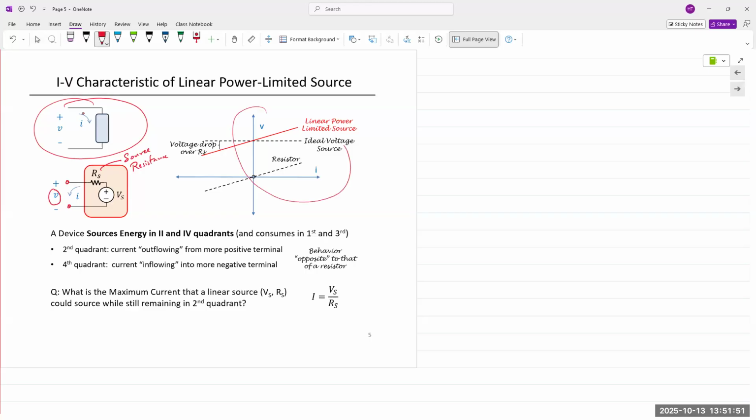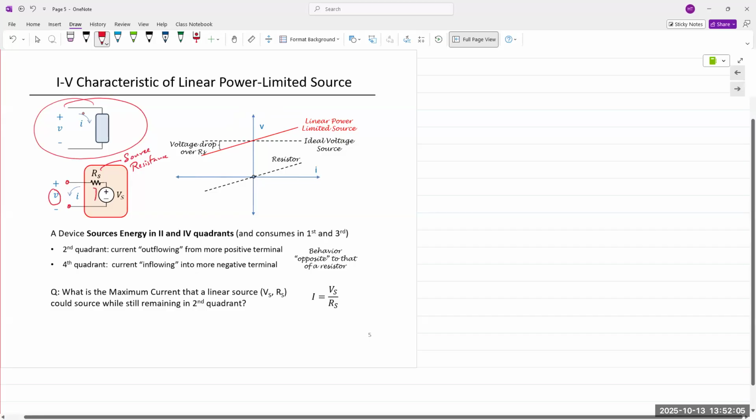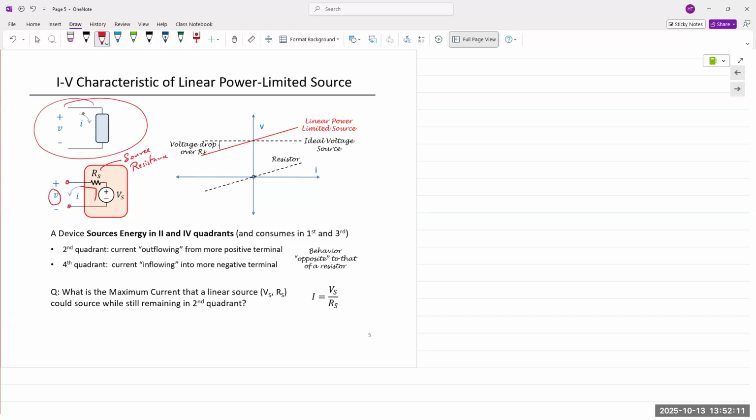So if you look at this graph here, we have an illustration of the output voltage V as a function of the total current I. Total current I is the current that's coming from the voltage source Vs. So a resistor is linear, of course. So a linear resistor is going to pass through the origin. If there is no voltage across the resistor, there's no current. If there's no current flowing through the resistor, there's no voltage. Right? So it passes through the origin. It's a linear resistor, which has a linear relationship between the voltage and current.